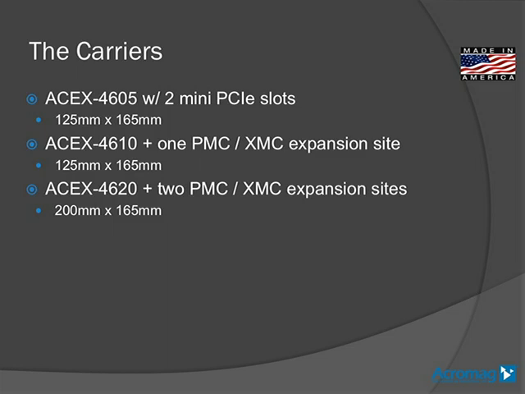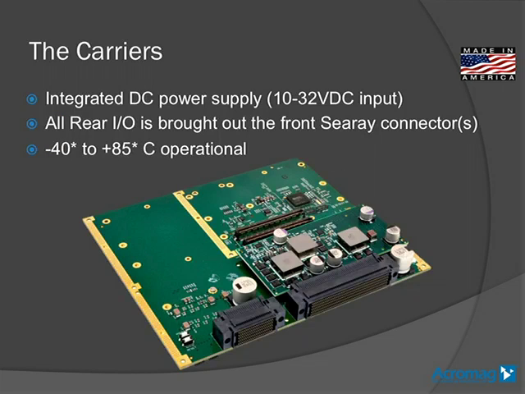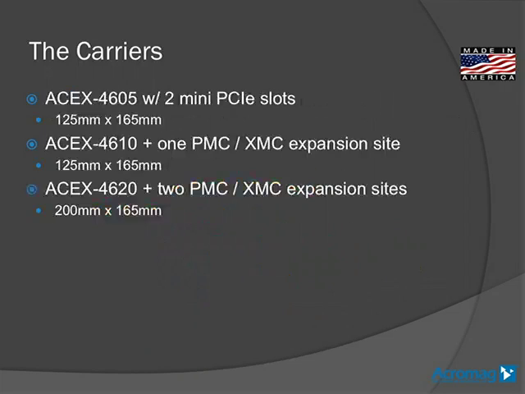We, of course, offer a plethora of I/O, analog, digital, serial combo cards through the PMC XMC offerings that we have. Part of the carrier assembly, one of the things that we've done, I'm going to back up a slide here. You can see there's three.